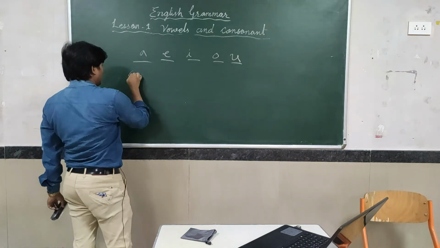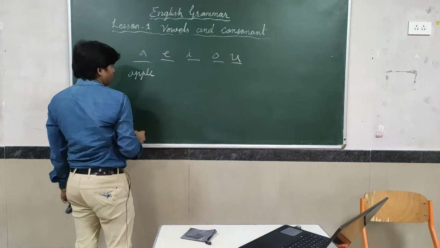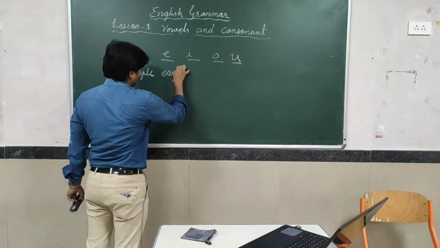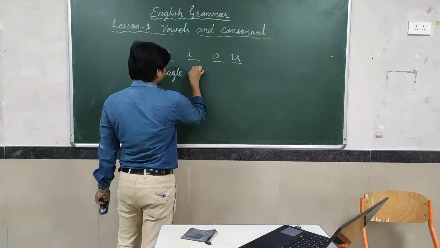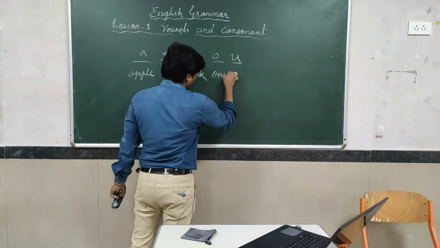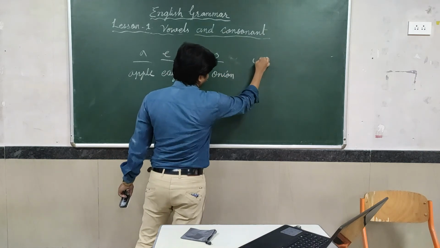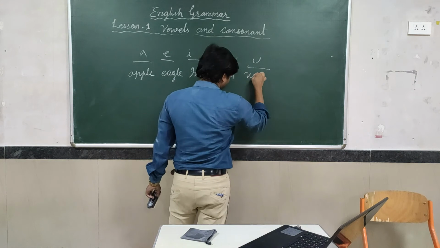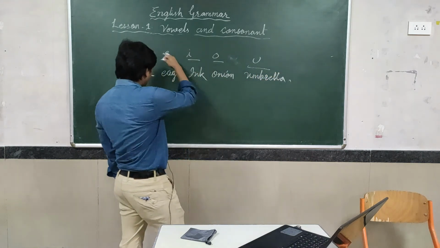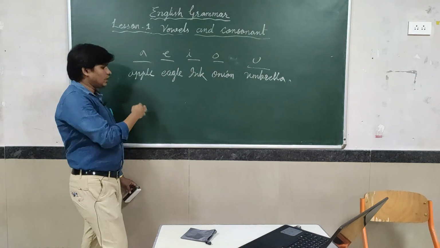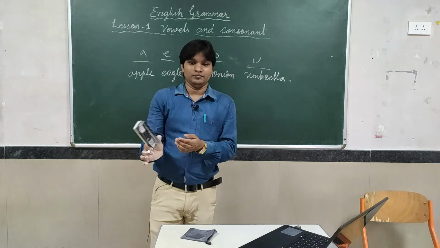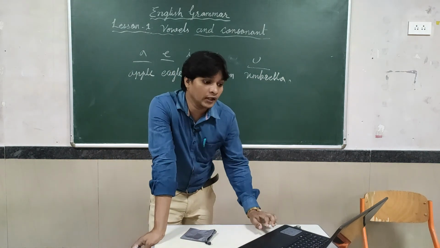For example, A, I am writing apple. E, E-A-G-L-E, eagle, you can also write. I-N-K, ink. O, onion. U, U-M-B-R-E-L-L-A. So in this way you can write as much as you get. It is good for your practice and you can learn more things.